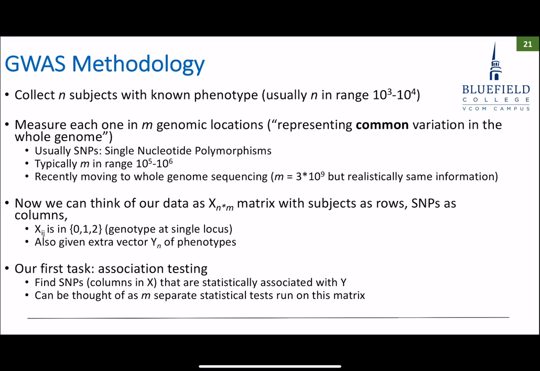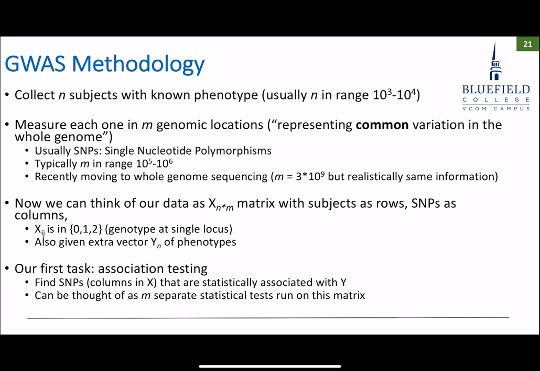So typically we're looking at so-called SNPs, or single nucleotide polymorphisms. Those are point mutations that are informative. There's some variation in populations, because if there is no variation in our species or in a population, of course such a position cannot be used as a marker because it's not informative.